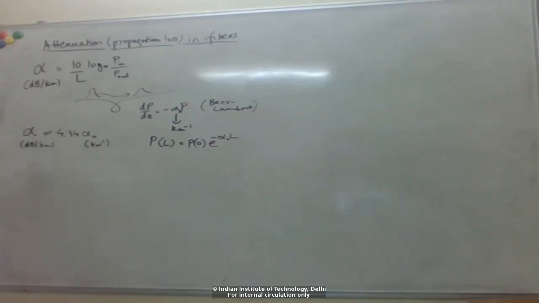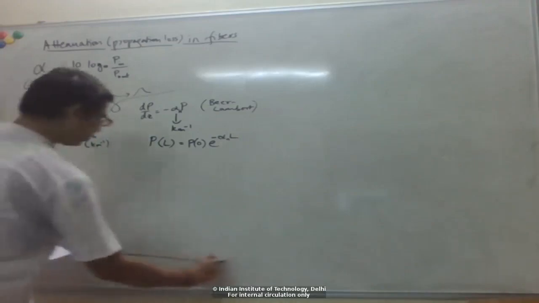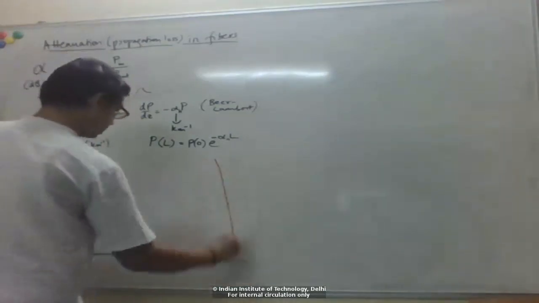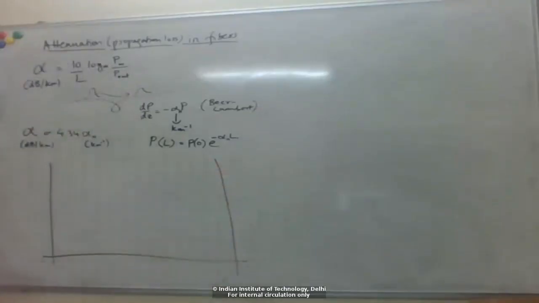Okay, so this loss coefficient is a function of wavelength. If you take any material, usually it's a function of wavelength, right? And so the same for optical fibers. So if you plot this alpha as a function of wavelength, typically the lowest loss for glass, pure glass, which is what optical fibers are made out of, occurs in the near infrared region.